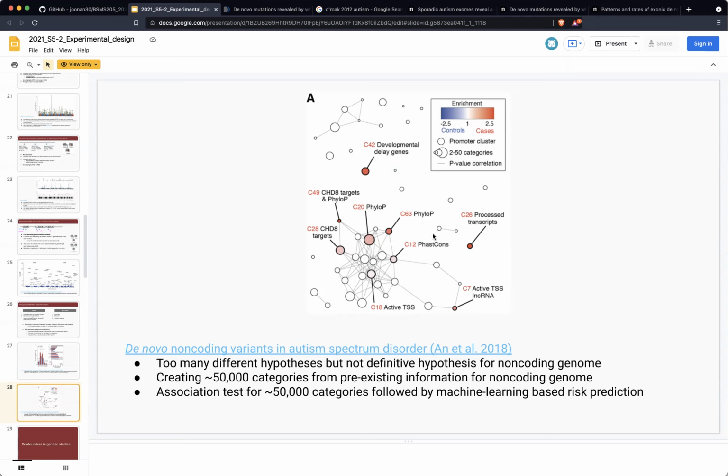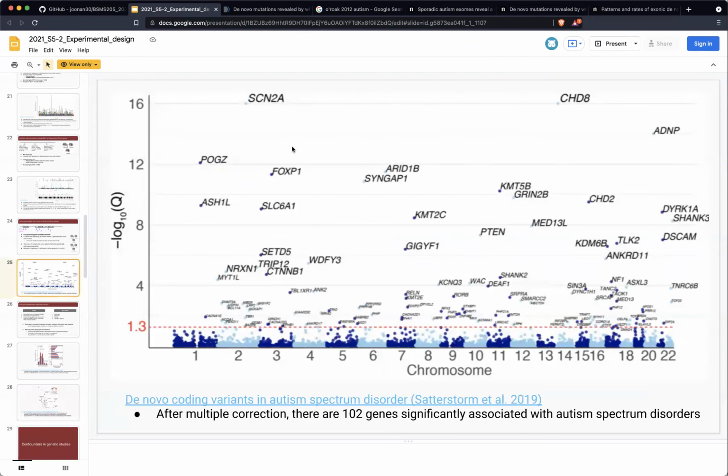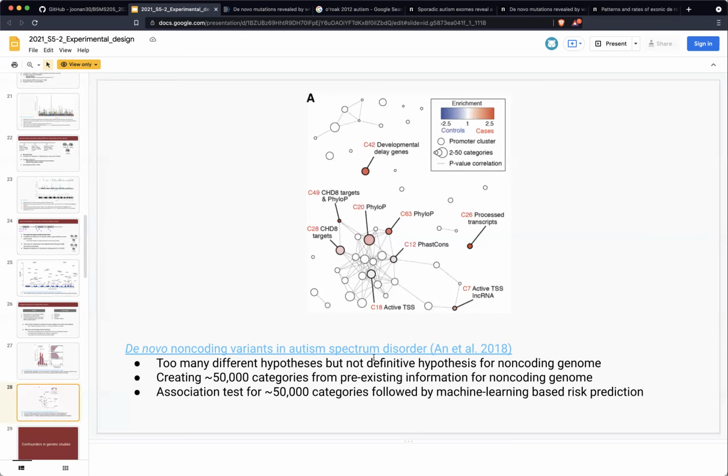So what the study did at the time was create arbitrary categories out of pre-existing information for the non-coding genome, and use these categories to do association testing equivalent to the coding genome testing. And this is another of the very early days of non-coding research.